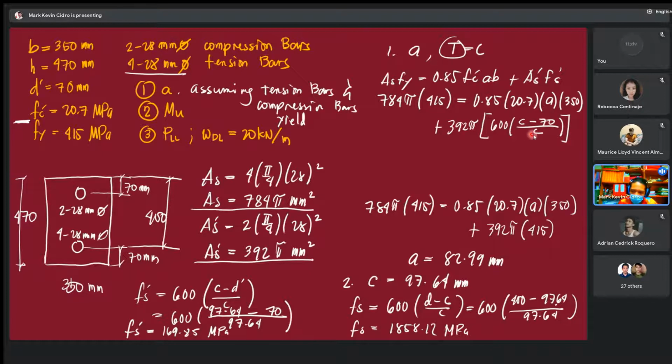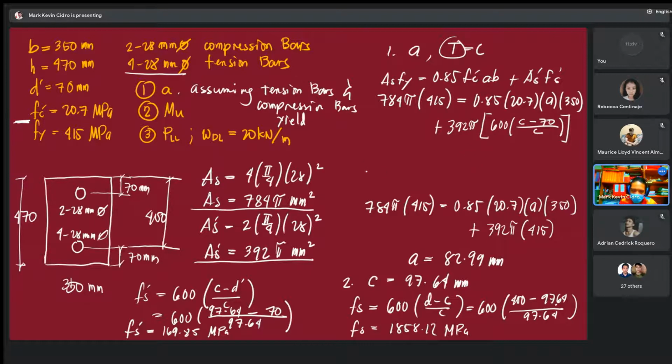As you can see, there are two unknowns, the value of c and a. But luckily, you know the relationship between a and c: a is beta 1 times c. So we can express one unknown in terms of the other. Let's express a in terms of c.